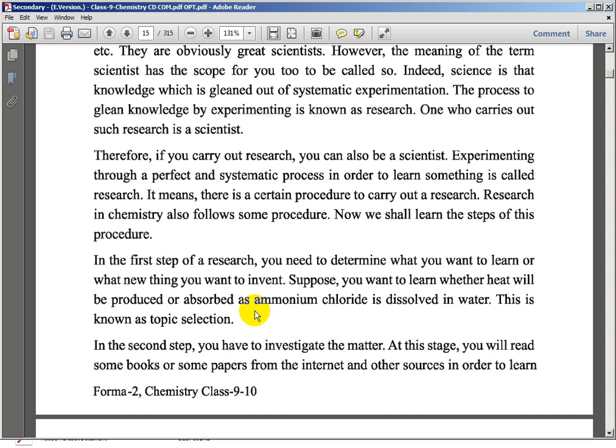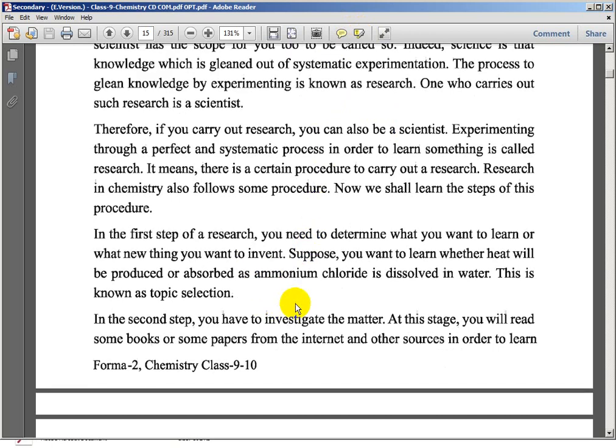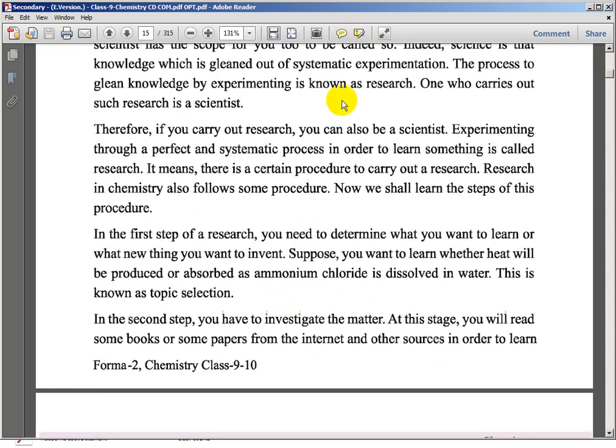Do you have any intention to invent something? Have any of you students in chemistry? Say someone.